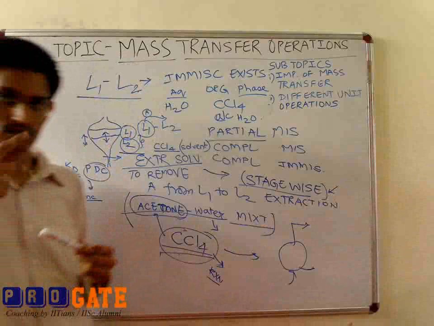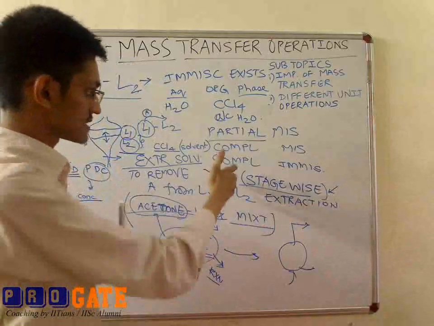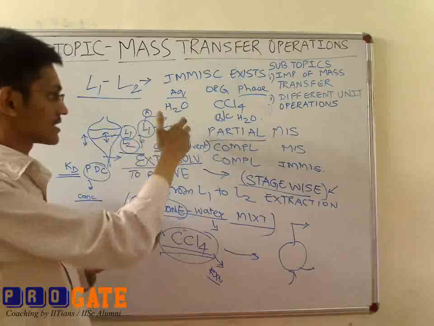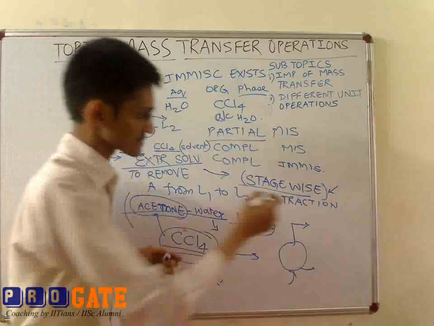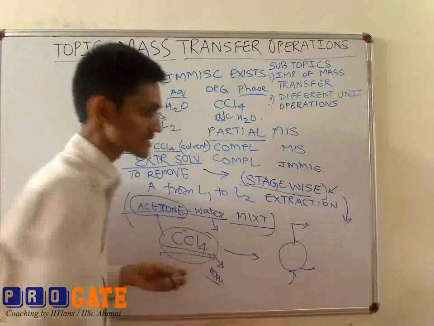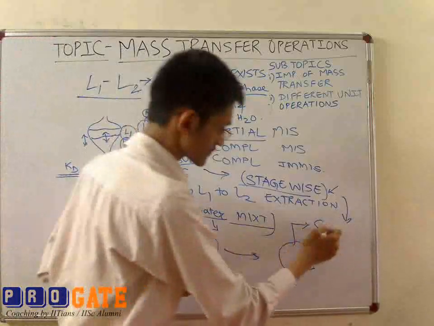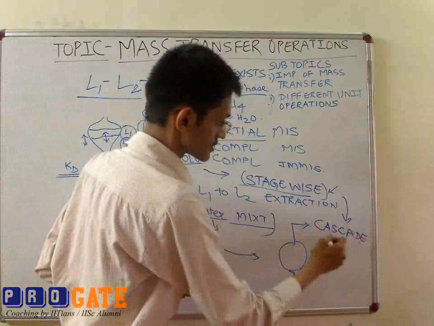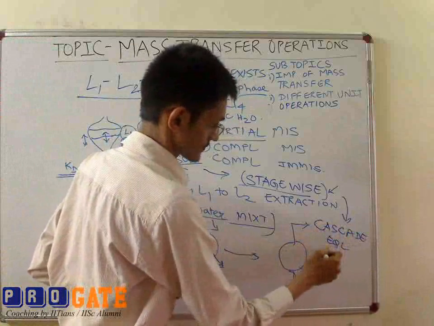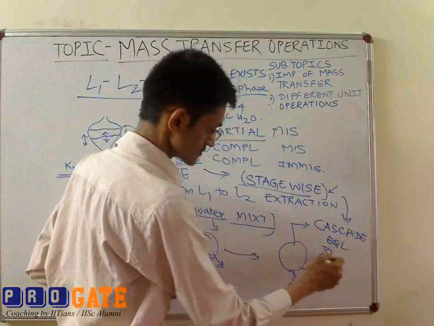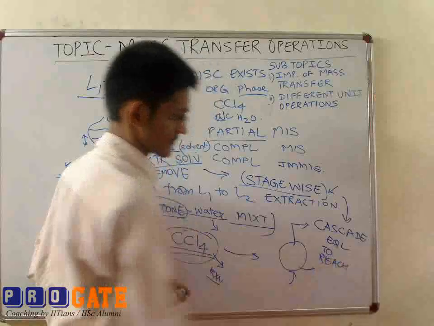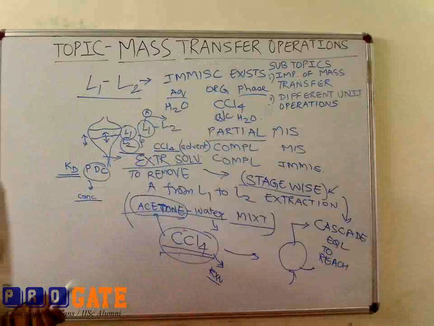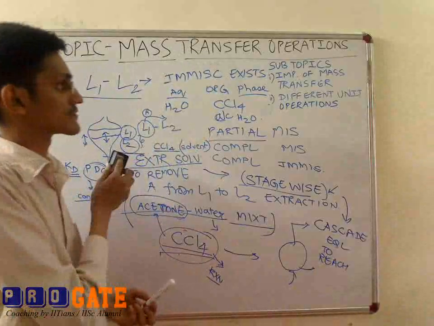So that is the one stage, or the ones when L1 and L2 are mixed vigorously and allow it to settle. If you carry out this many times, then there will be cascade of these stages which will finally allow equilibrium to be reached. Again, this operation we will be studying in more detail from the design point of view as well as from the calculation point of view.